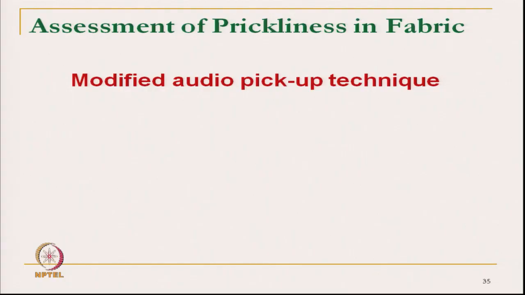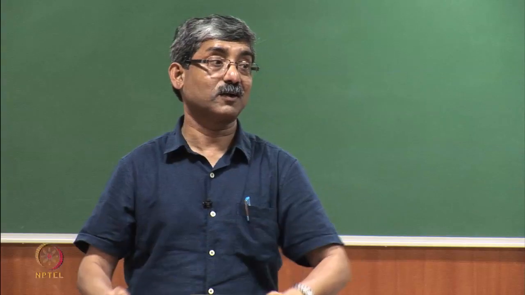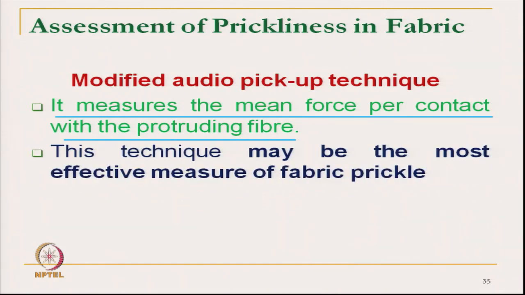Okay. Next one, which measures the prickliness sensation directly, is the modified audio pickup technique. It measures the mean force per contact with the protruding fiber. What is the mean force per protruding fiber it measures, which actually gives a direct indication of prickliness sensation. Protruding fibers are there.